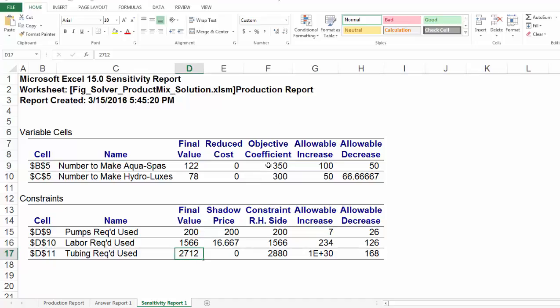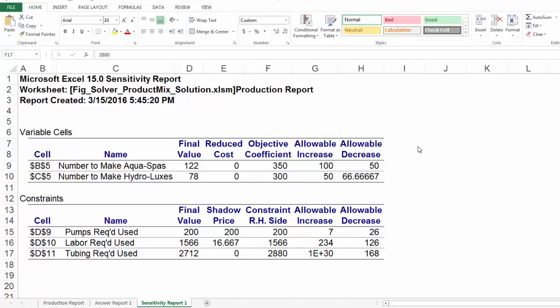And in F column, we have some existing information. For example, objective coefficients for Aquaspar and Hydrolux are $350 and $300 respectively. And right-hand side values for the constraints are 200, 1566, and 2880 respectively.